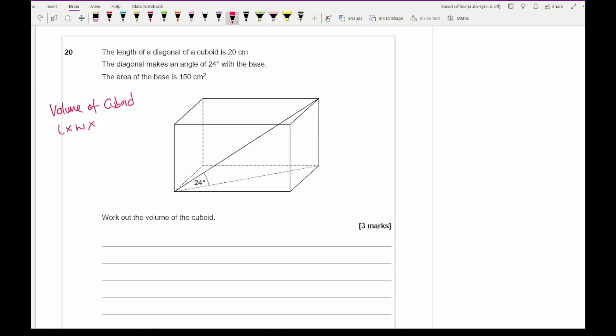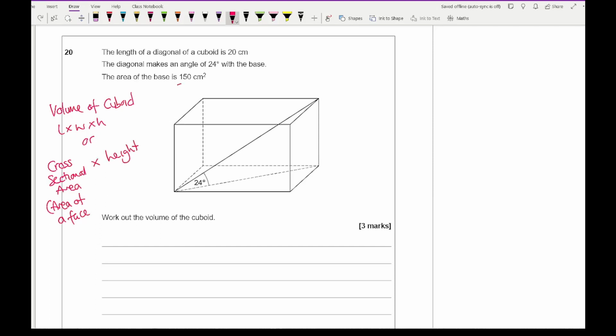length times the width times the height, or it's the cross section or area, which is basically the area of a face multiplied by the height.